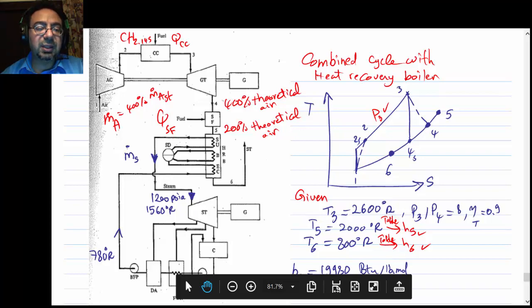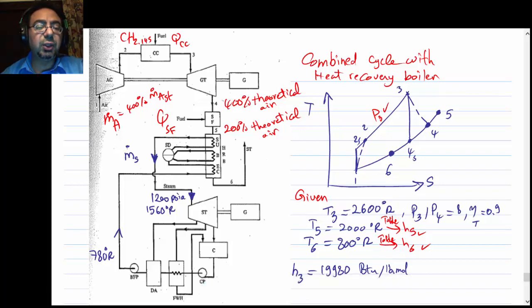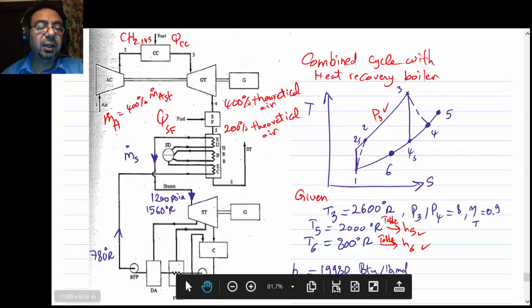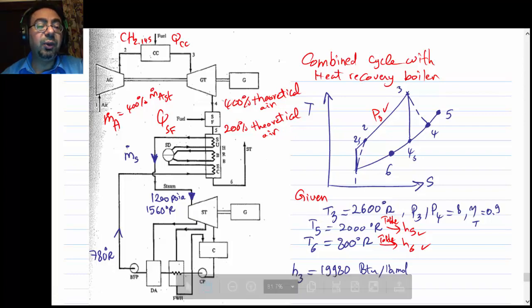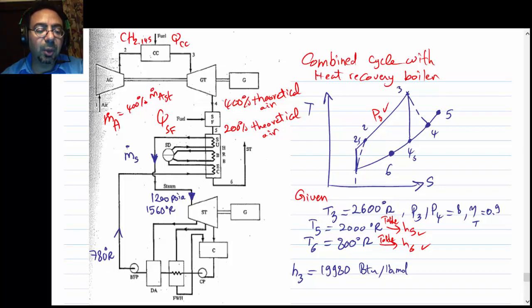Sometimes the exhaust of the gas turbine can completely alone by itself drive the boiler of the steam cycle, but sometimes you need a little bit more fuel to burn. So auxiliary firing: the exhaust is pretty hot, but it needs a little bit more to do all the boiling that the steam power plant will do. So I'll finish here for now.